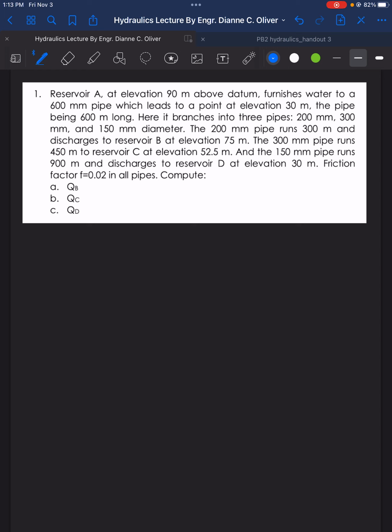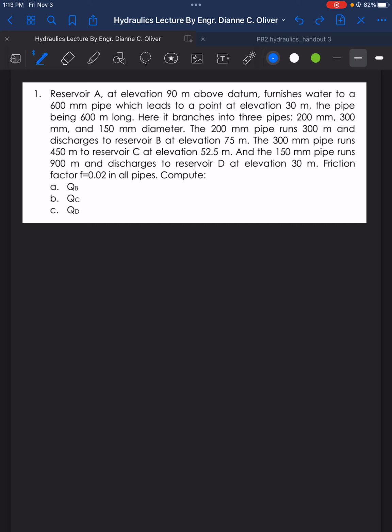Compute the discharge from A, the discharge to B, the discharge to C, and the discharge to D. So we have 4 reservoirs A, B, C, D, given the elevations of these reservoirs: reservoir A is 90 meters, reservoir B has elevation 75 meters, reservoir C has elevation 52.5 meters, and reservoir D has elevation of 30 meters.